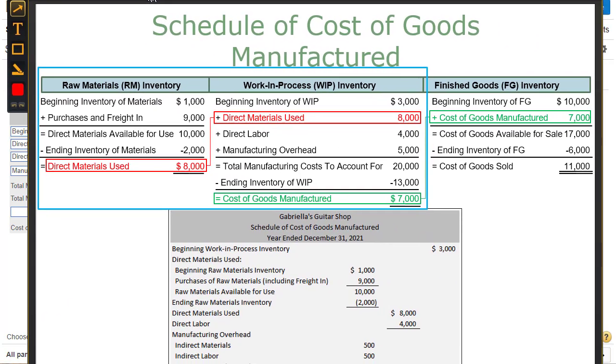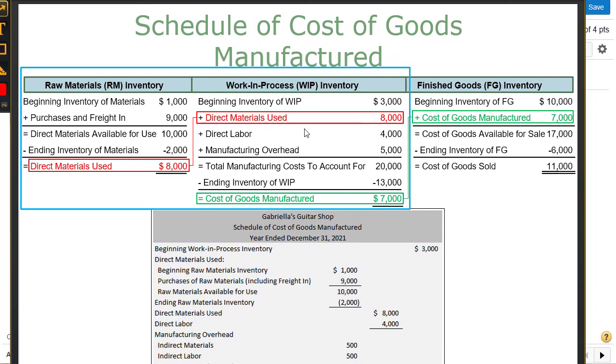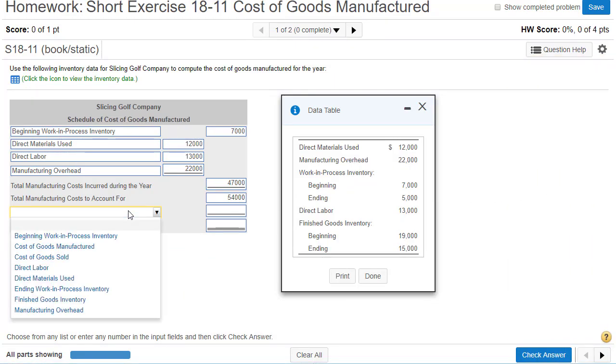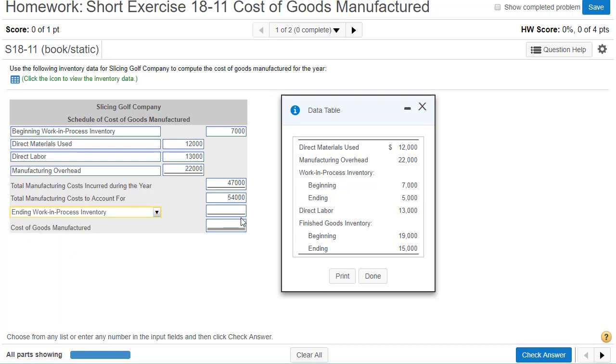And then getting back to our formula, we then subtract the ending balance of work in process, which was 5,000, which gives us cost of goods manufactured of 49,000.